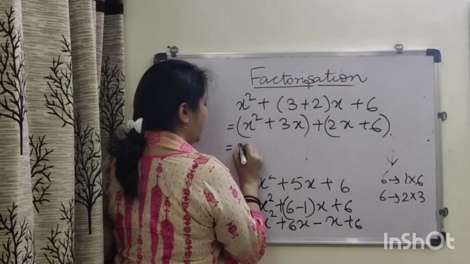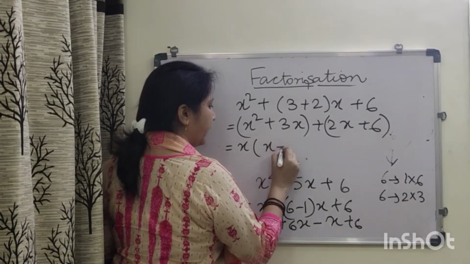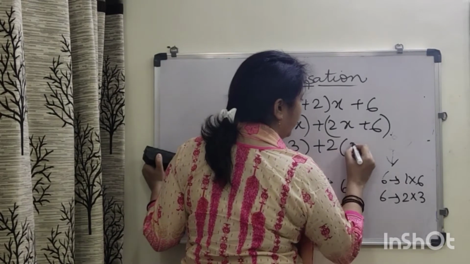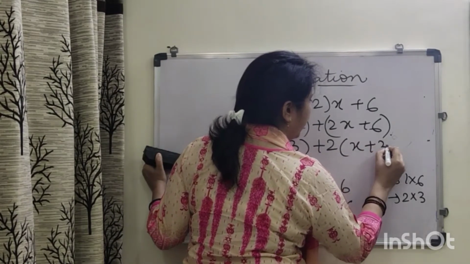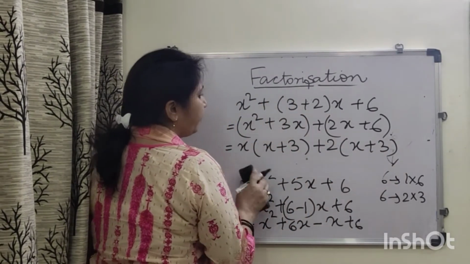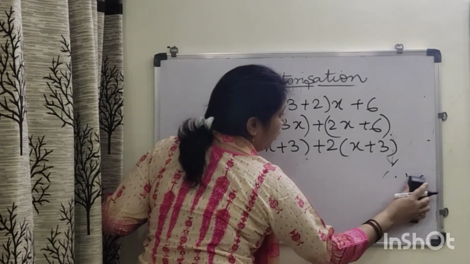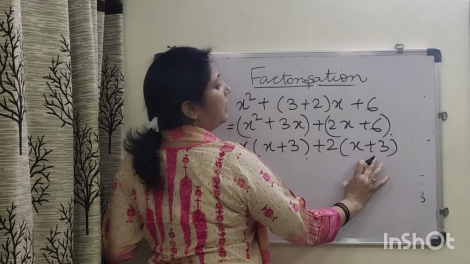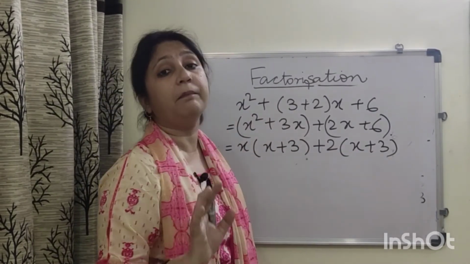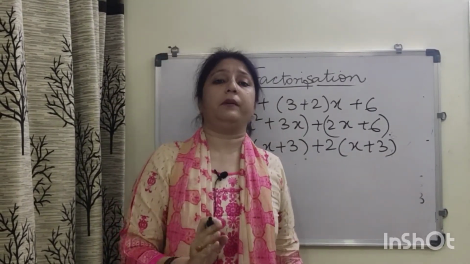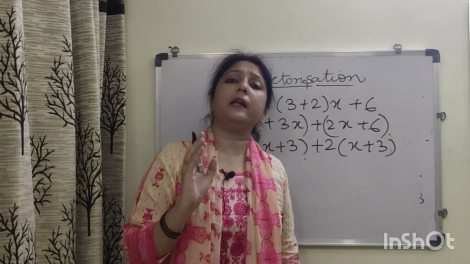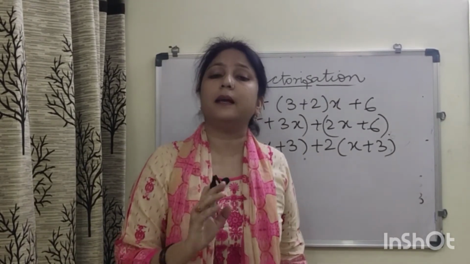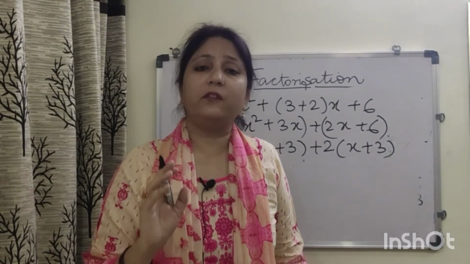After pairing, when you take common, you will get x plus 3, and from here you can take 2 common, you will get again x plus 3. Now you can see that after taking common, the terms as well as sign inside the bracket are same. This is the concept, that after taking common, terms as well as sign inside the bracket should be same.